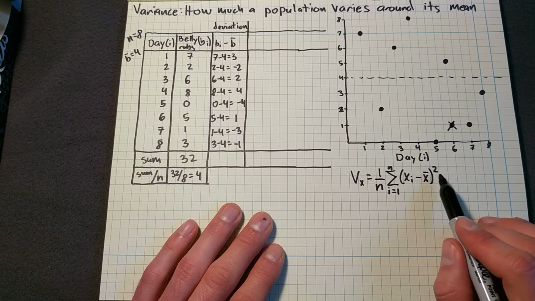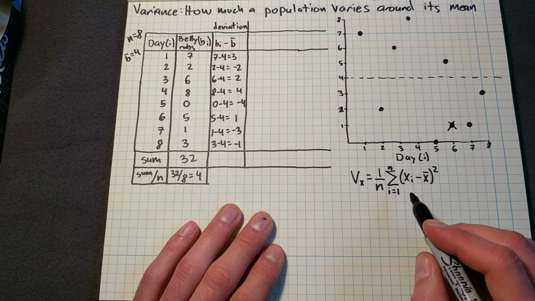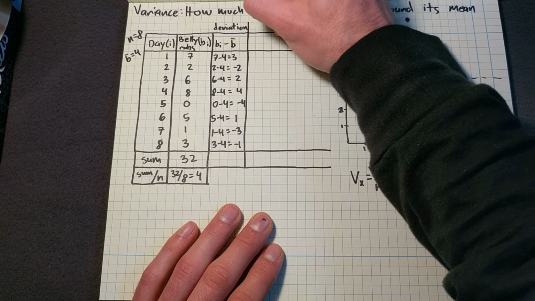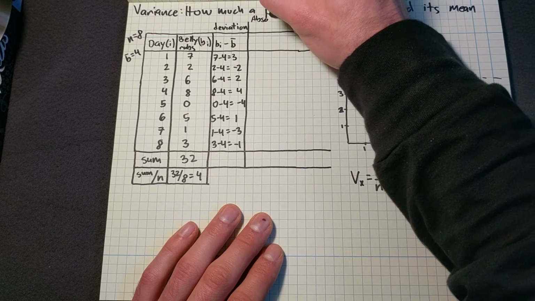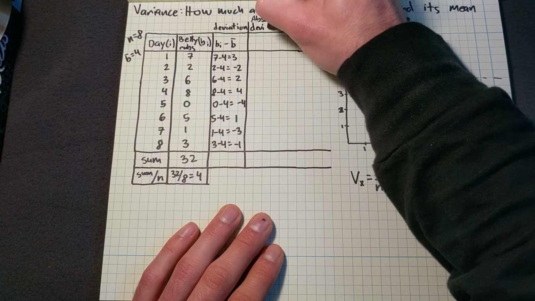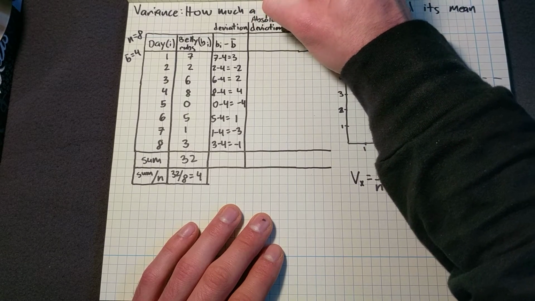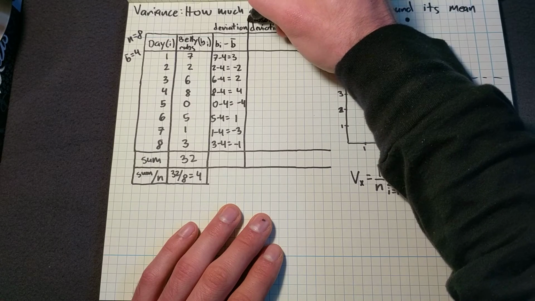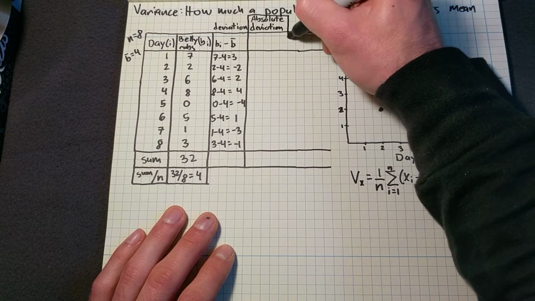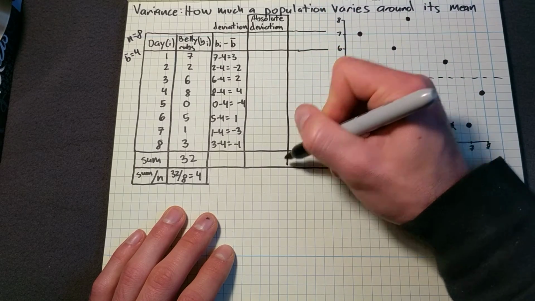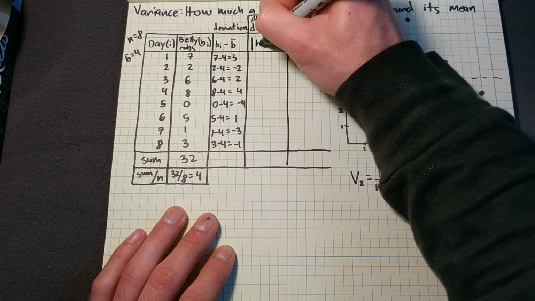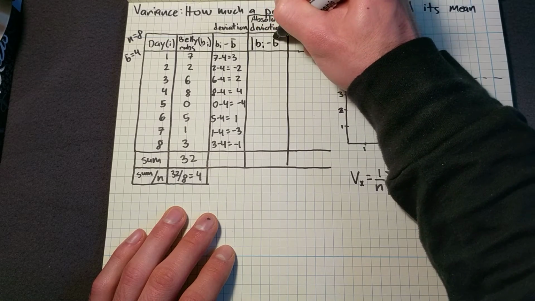Now, instead of squaring, first I'm going to actually do the absolute value of this, which we can call the absolute deviation. Kind of crowding myself here, but it is what it is. And so this is just going to be the absolute value of deviation.